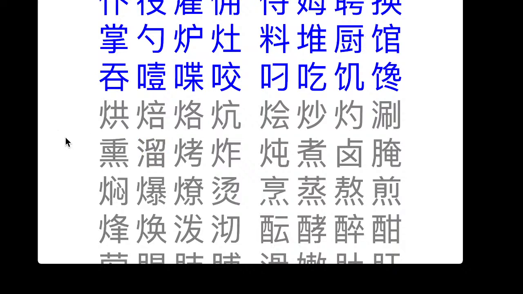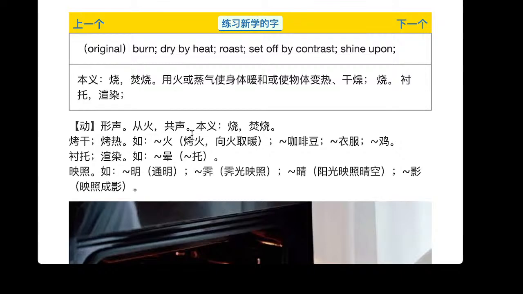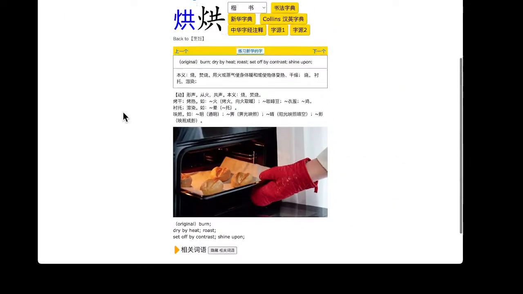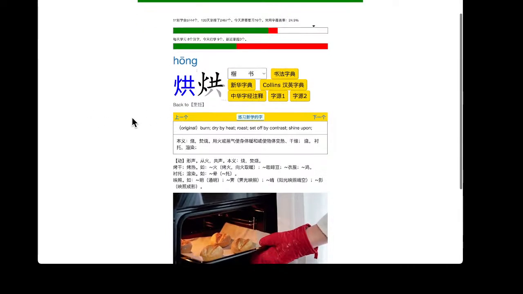Okay, so let's start. Today we're going to continue our cooking unit. The first character for today is Hong. Hong means burn, means dry by heat, or cook by heat, or bake.